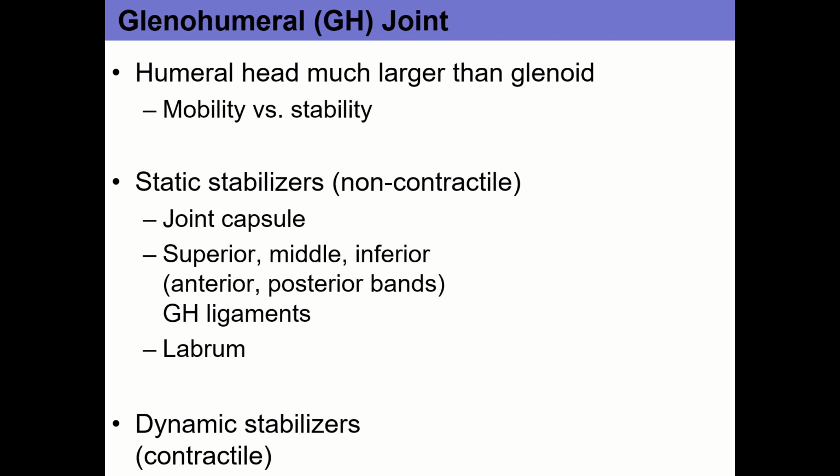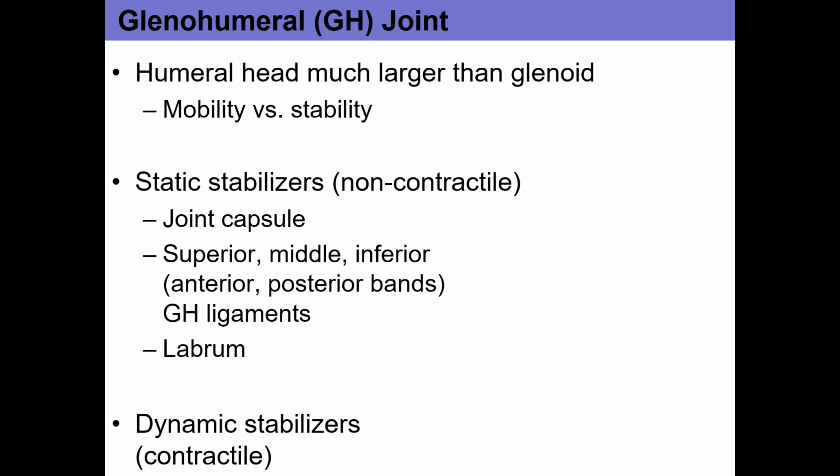But the trade-off is anytime you've got a really mobile joint, you've got an unstable joint. So because there's not a lot of bony overlap between the glenoid cavity and the humeral head, as there is in the hip, it's the same type of joint, but there's a lot more overlap. There's a lot deeper socket to the hip, and so the hip's a much more stable joint, which is good because hip dislocations are pretty problematic.